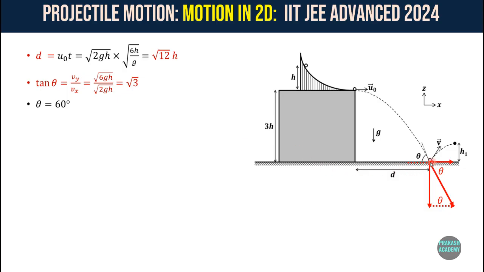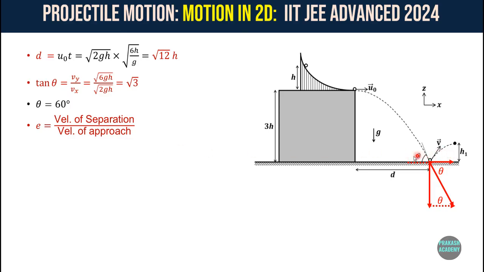Now let us consider motion after this collision, after rebound. To know this velocity, I have to use the fact called coefficient of restitution, and this is defined as velocity of separation divided by velocity of approach.